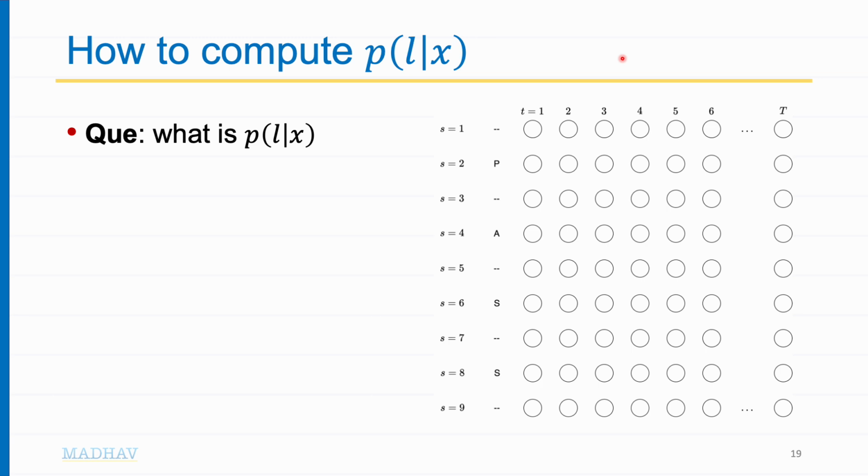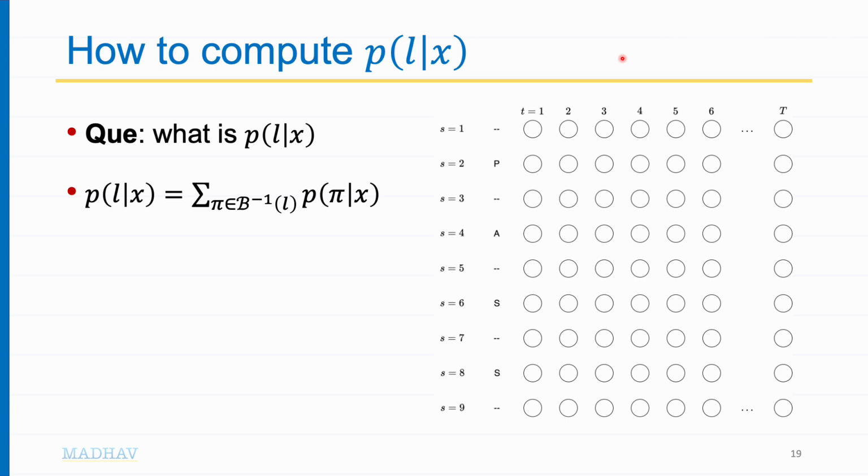If you get a pass, that is a valid trajectory, and then you sum over all such trajectories. That's your total probability of getting pass given X. So P of L given X is basically the sum over all the trajectories pi, a valid trajectory with all the transition constraints, of P of pi given X, which is one trajectory, summed over all those paths whose B is equal to L, right?